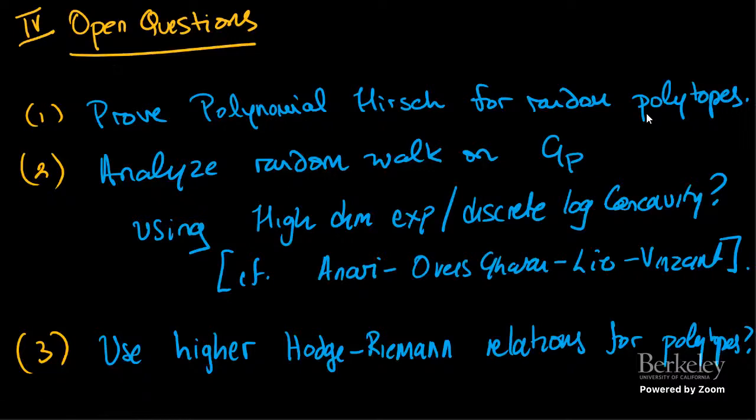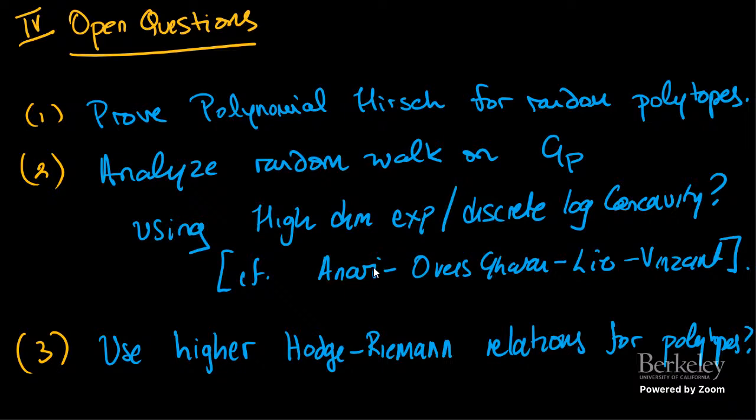So one is, can you prove the polynomial Hirsch conjecture for random polytopes using this technique or otherwise? I mean, using whatever technique you want. Another question is, can you analyze a natural random walk on the vertices of the polytope? In this talk, we use continuous log concavity, which is literally log concavity of the volume.